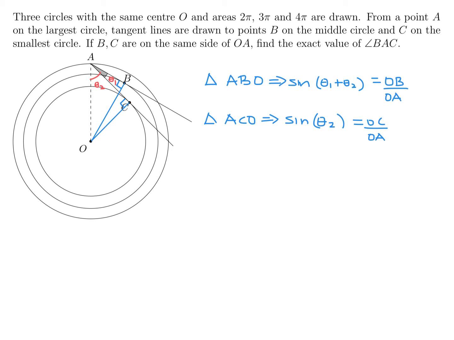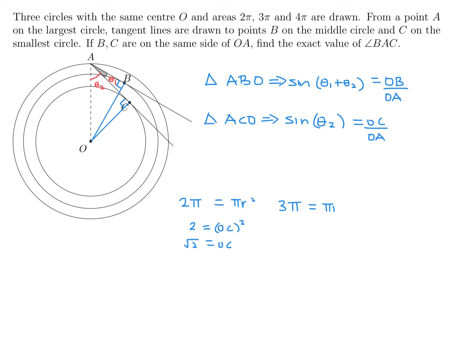And that shouldn't be a problem, because they told me that the area of the small circle is 2 pi. So that's going to be pi r squared. But r in this case is OC. So that means 2 is equal to OC squared. So therefore OC is root 2. In a very similar way, we know that 3 pi is the area of the middle circle.